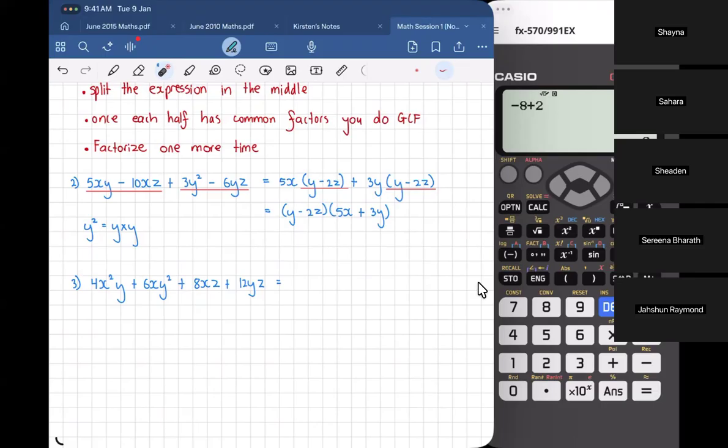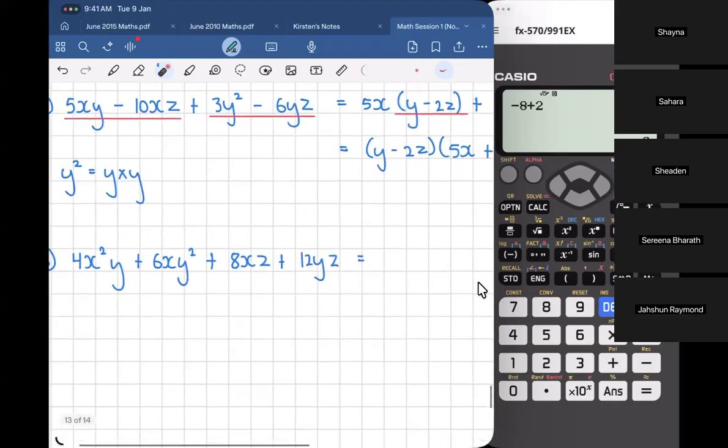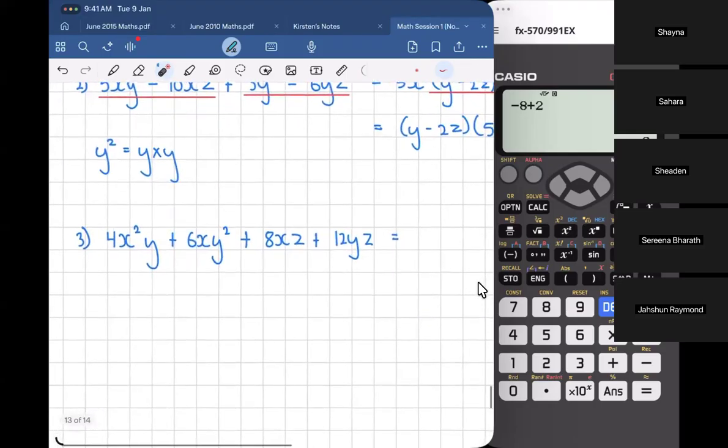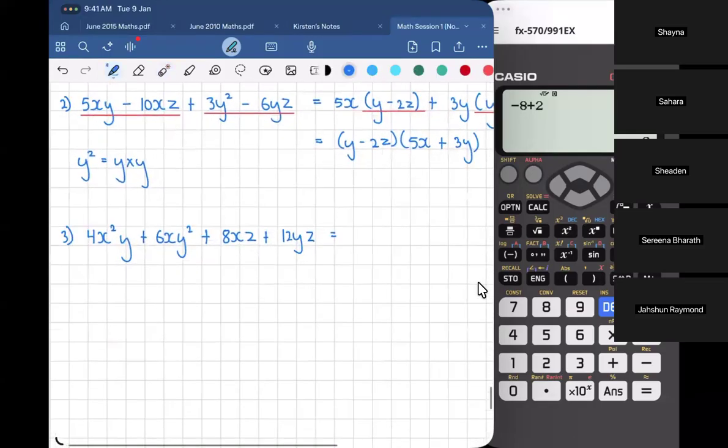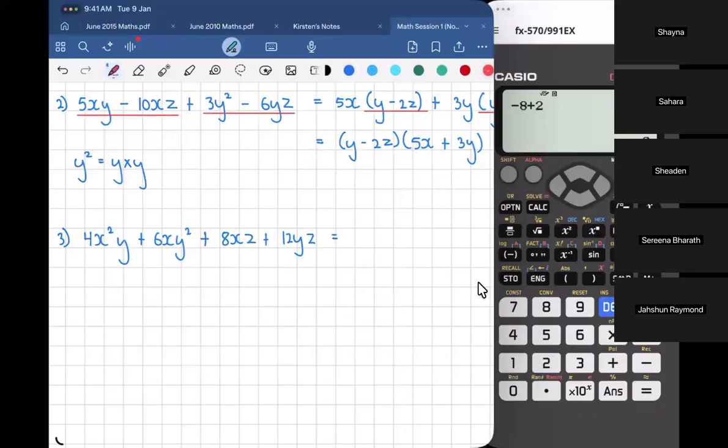All right, let's do the question together. So Shay, tell me how you did the question, and we'll run through it together. So Shay, how did you split it up? Did you split it up like this and this? No, I split it up with the 4x squared with the 8.